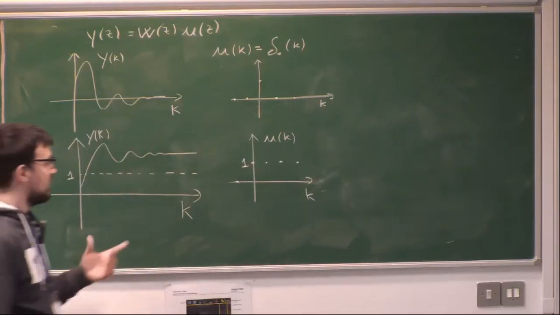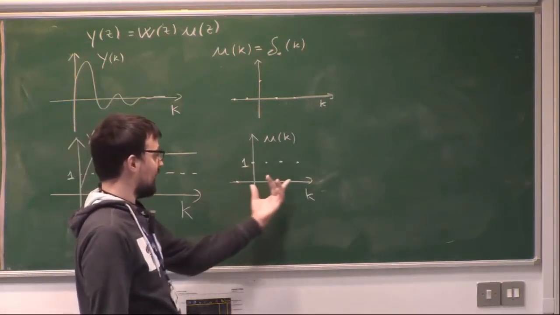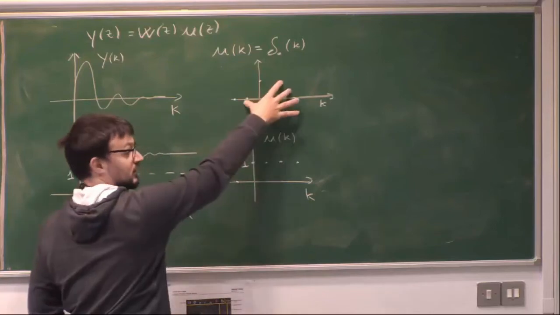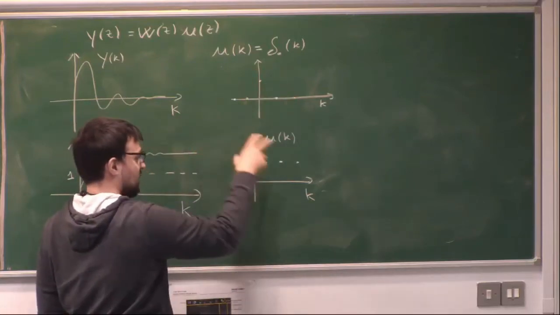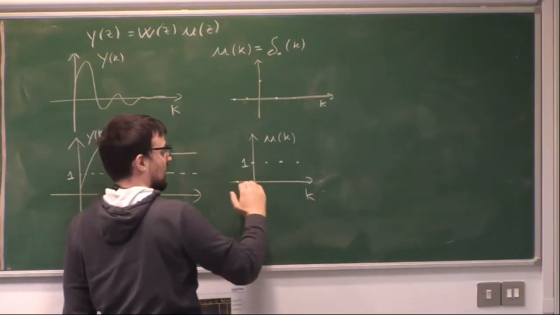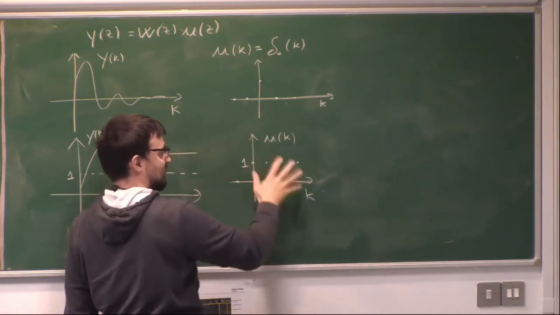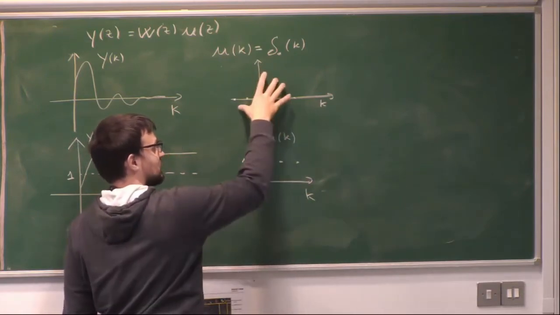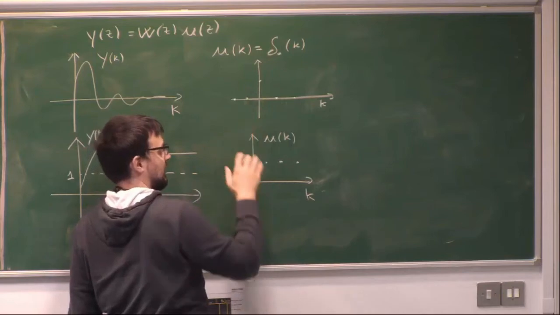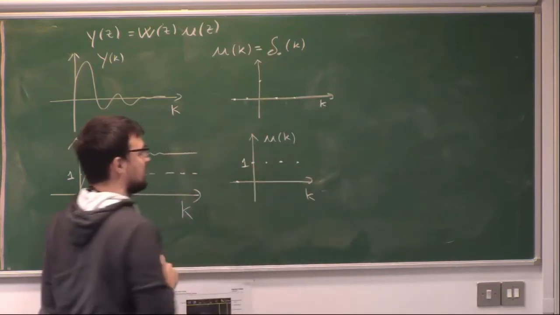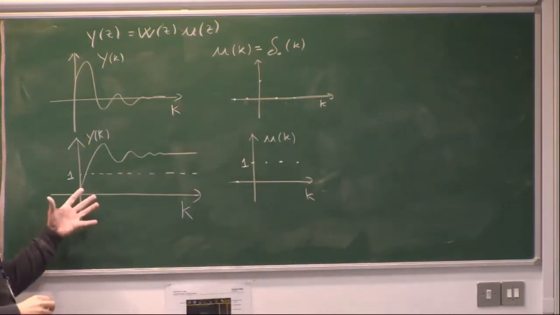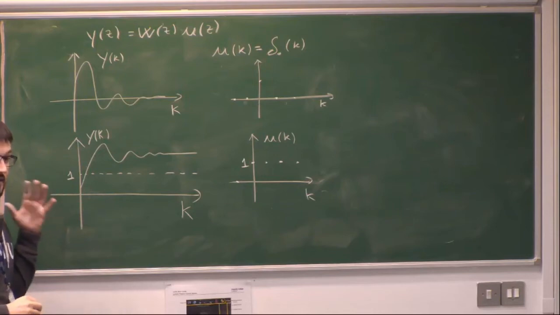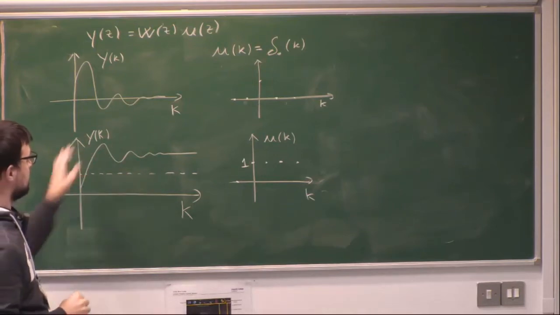When instead we have an input that is bounded, okay, so also this is an input that is bounded, but let's look at this one. So when you have any type of bounded input, it does not necessarily have to be an impulse, okay, then the response of the system, if the system is asymptotically stable, will be of this type, okay?